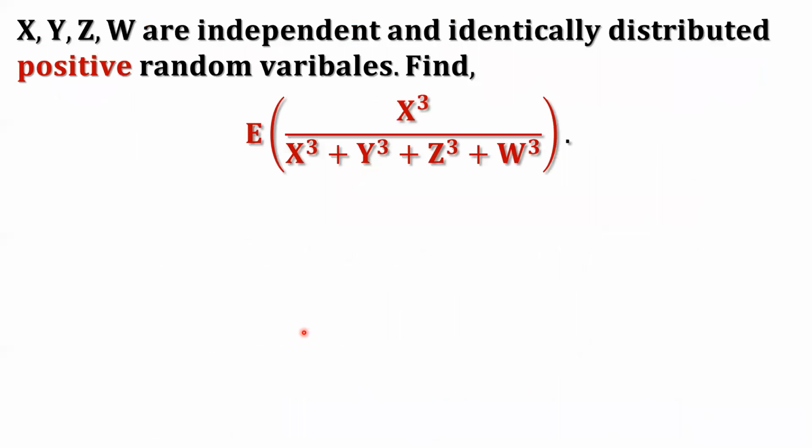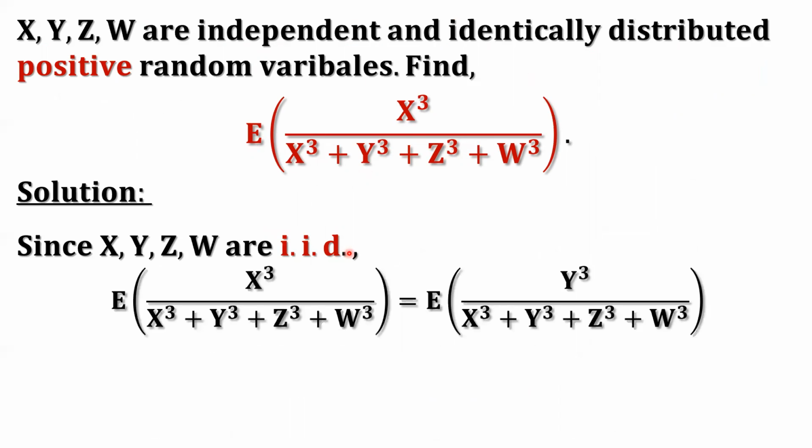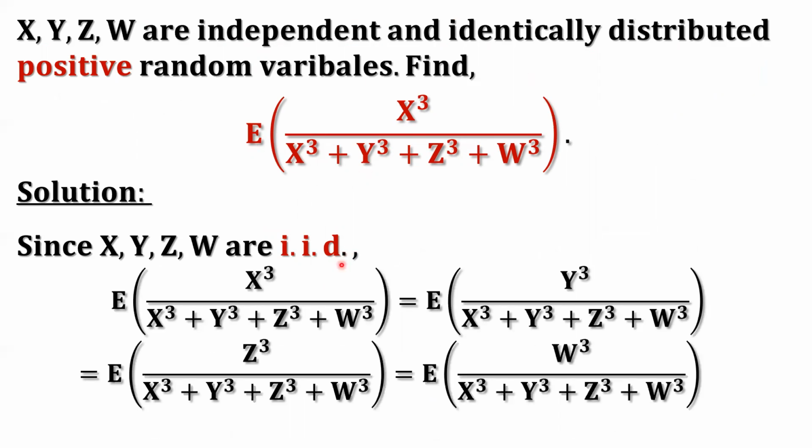Let's derive the first result. We want to find the expectation of this. By the IID property, we know that the four pieces are equal.